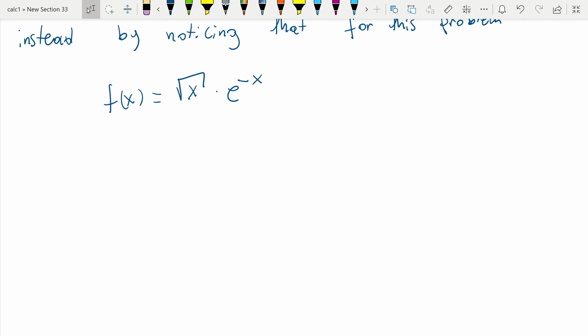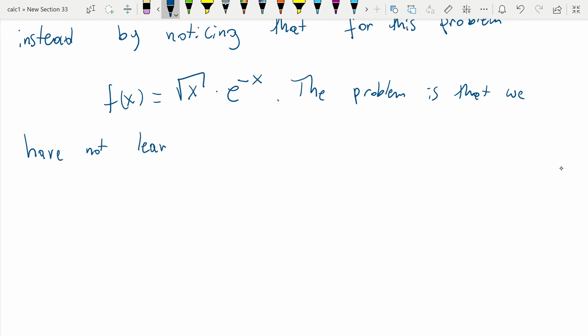But for now, the problem is that we have not learned yet how to differentiate e to the minus x.